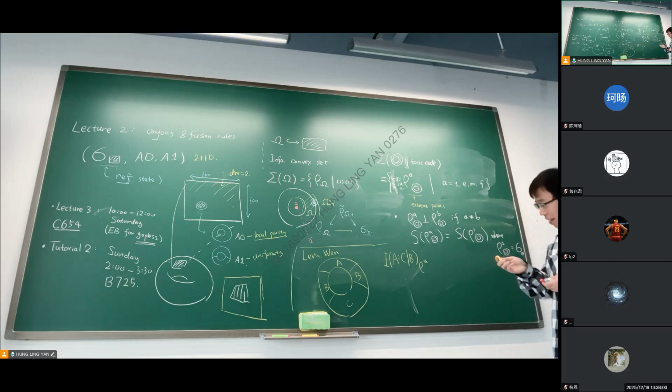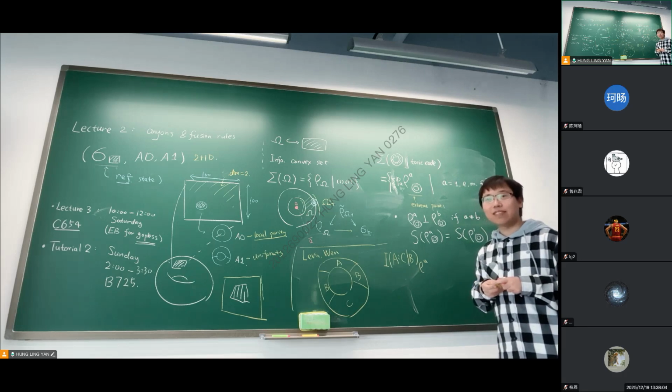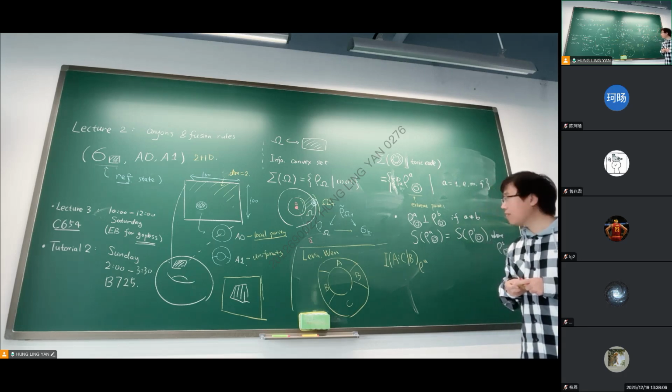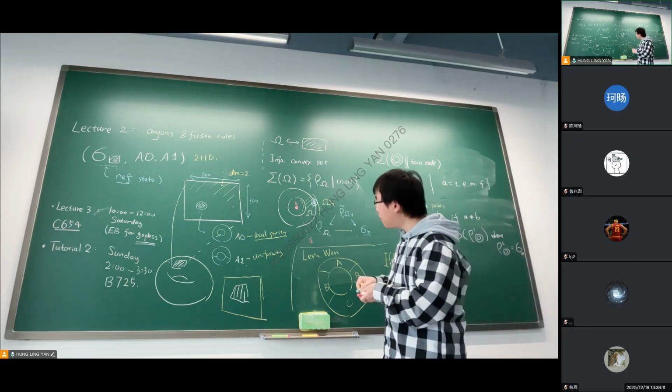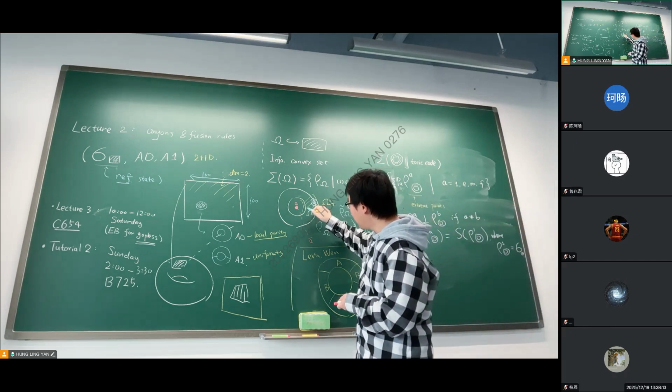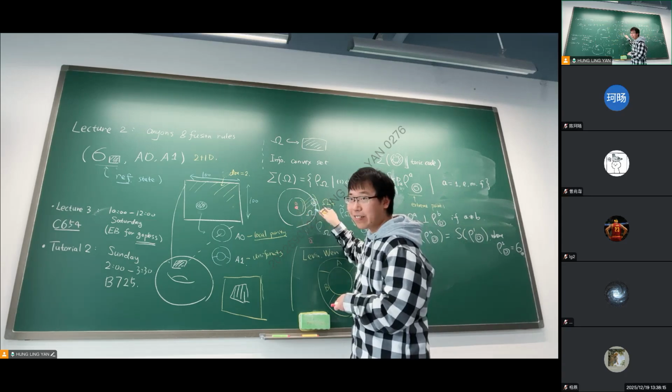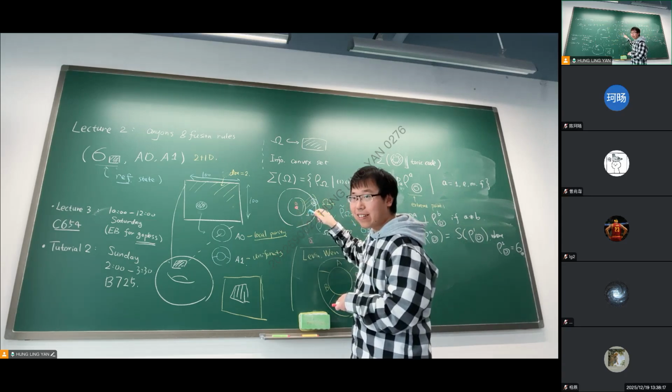Okay, but then how do I understand the orthogonality of the extreme points? If we talk about the toric code, we can think about projectors. That's one way.